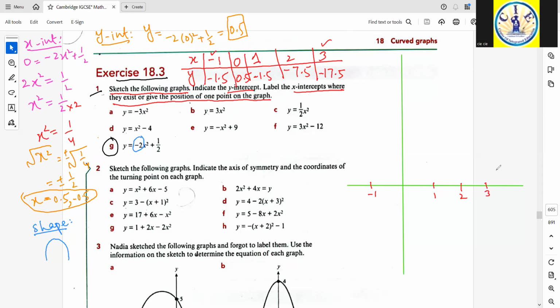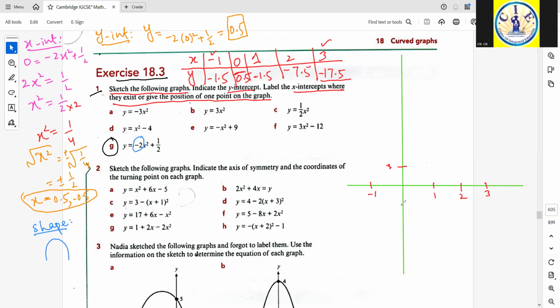Okay. Then for y, I need to accommodate -17.5, and the maximum value is positive 0.5. So I need to accommodate these values. Let me have a gap of, for example, 3.